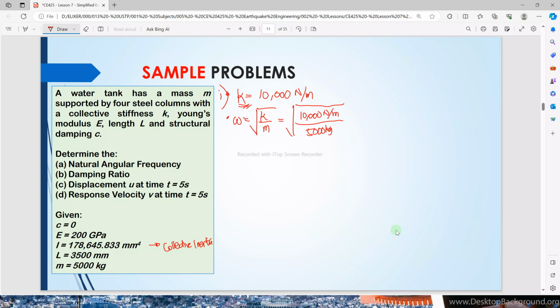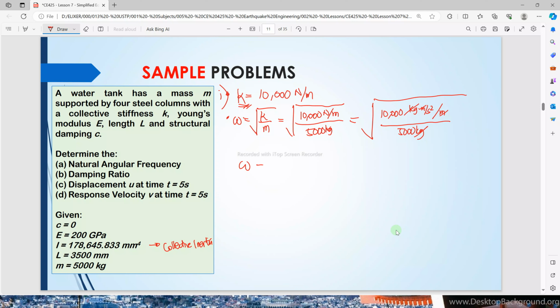It is important that the numerator is in Newton per meter and the denominator is in kilograms. Because if we break down Newton per meter, Newton is kilogram meters per second squared, divided by meter, over 5,000 kilograms. So kilograms cancel, meter cancels, and what remains is just per second squared.